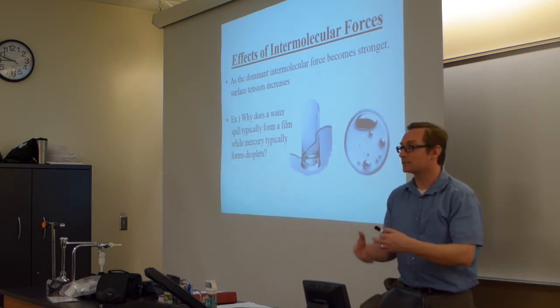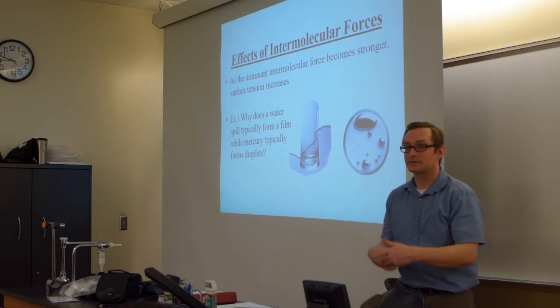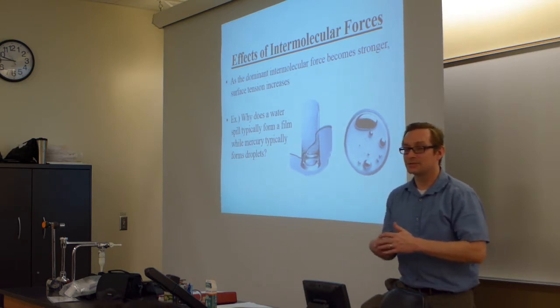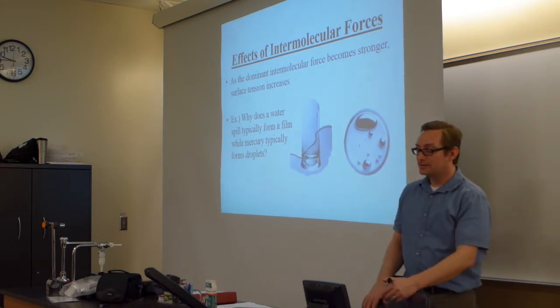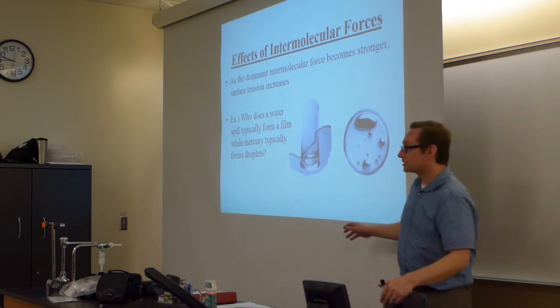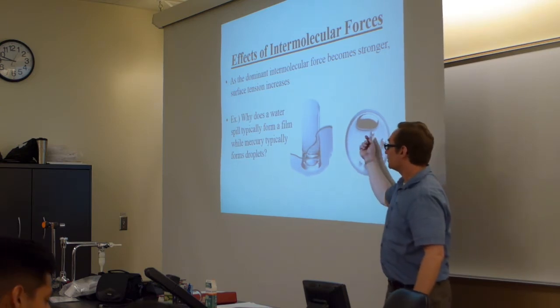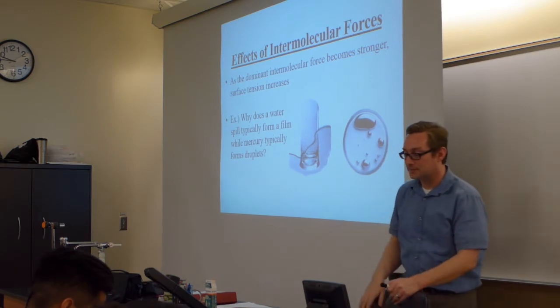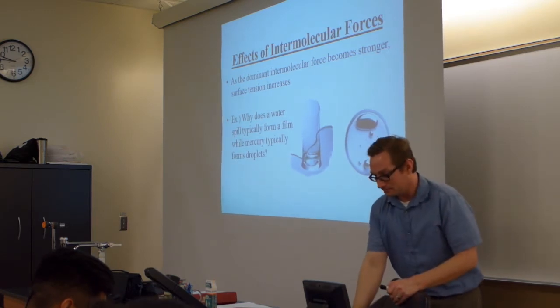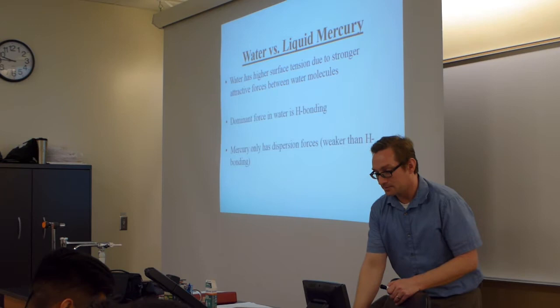Mercury atoms by themselves are not polar. So what's the strongest force you can have? Dispersion, right? Dispersion is the strongest force you can have if it's completely non-polar. So those are weak forces, and as a result, the droplets spread apart more easily, right? You have more breakage of that surface area. Okay, so that's what's going on there.